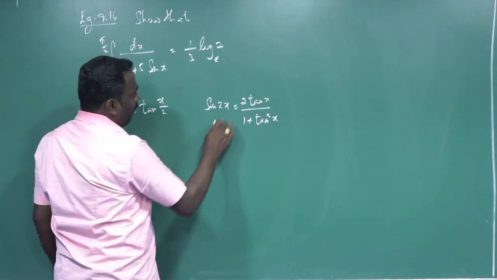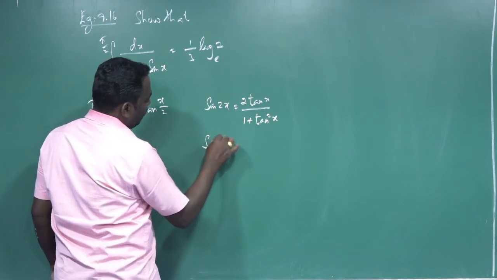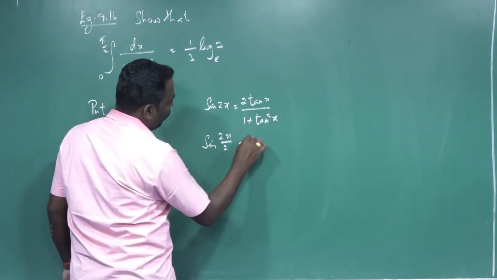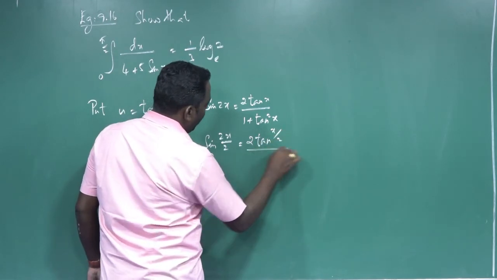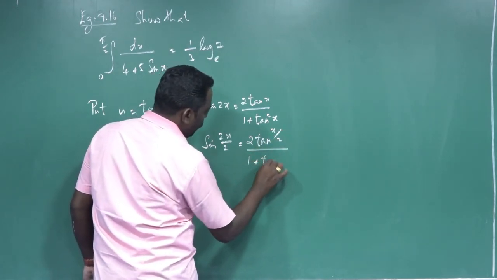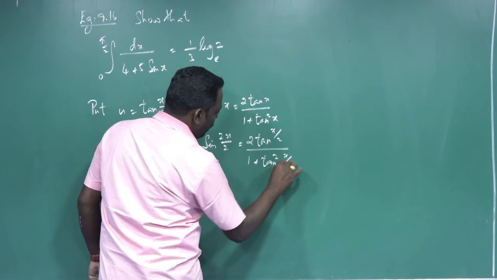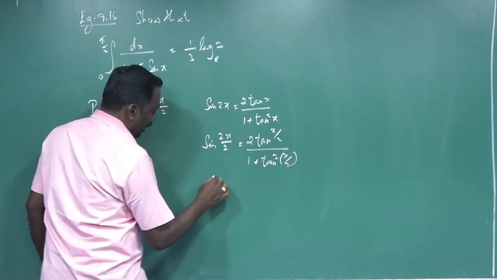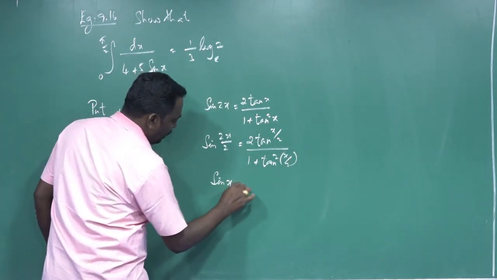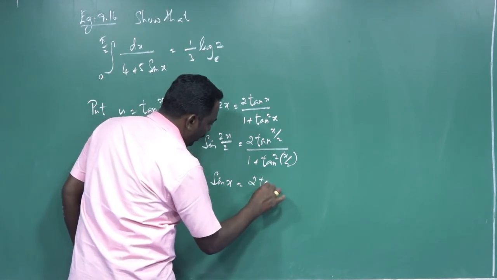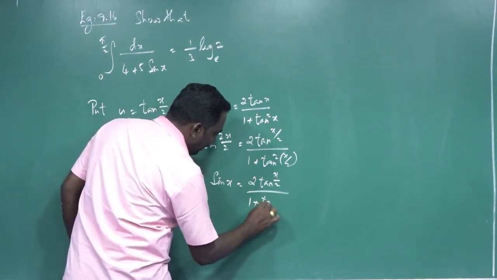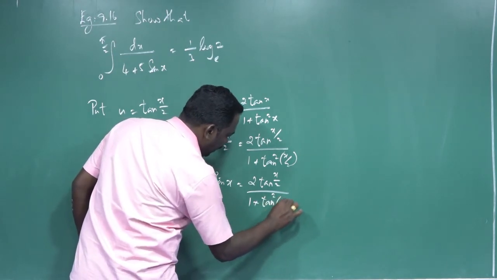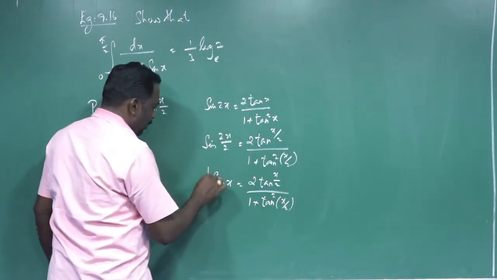Now the angles are divided by 2, therefore sin 2x by 2 is equal to 2 into tan x by 2 by 1 plus tan square x by 2. Now the 2s are cancelled, sin x is equal to 2 into tan x by 2 by 1 plus tan square x by 2. It is a sin value.